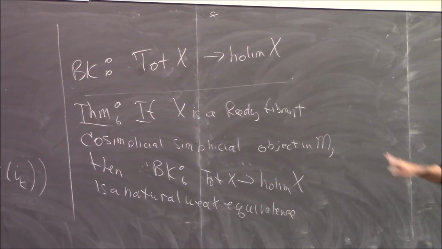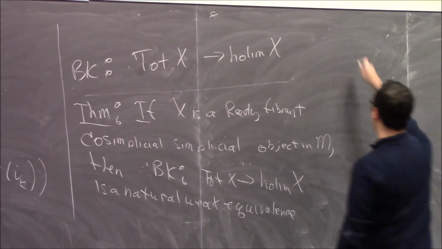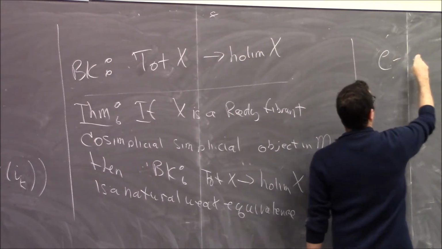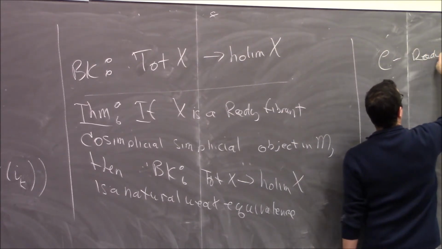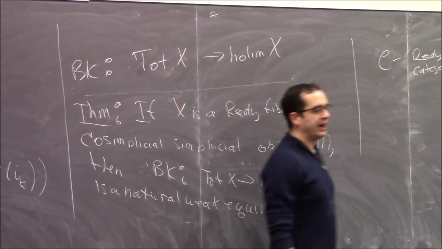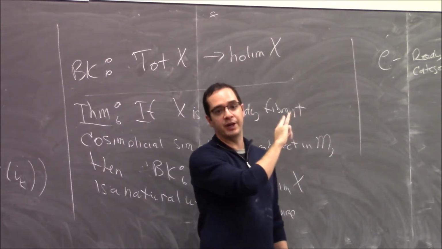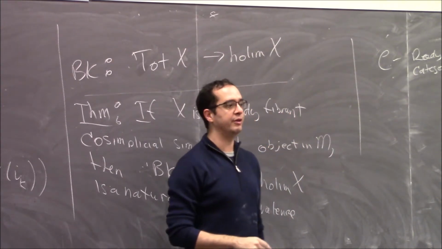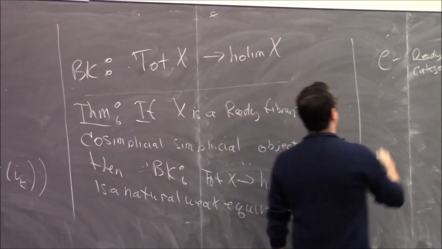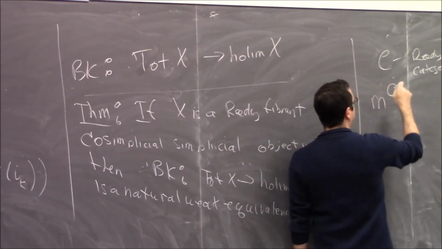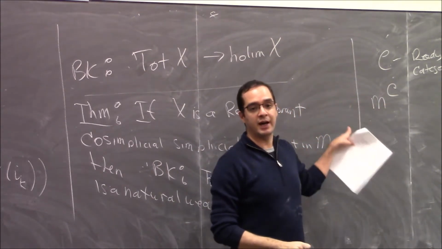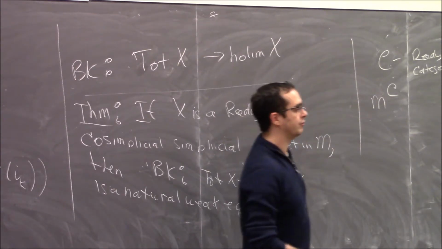Okay, so I don't think we'd have time to go through all the definitions, but Reedy category. If C is a Reedy category, so just think delta or delta up, those categories. C diagrams in M can be given a simplicial model category structure.